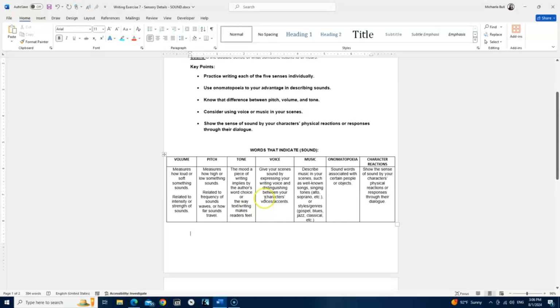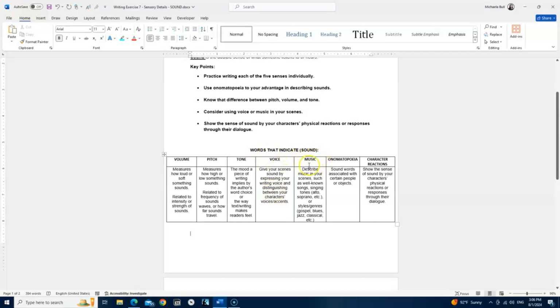So I include her accent, in different words that she uses, from the South to distinguish her voice. But that is just some ways that you can use voice to show the sense of sound.